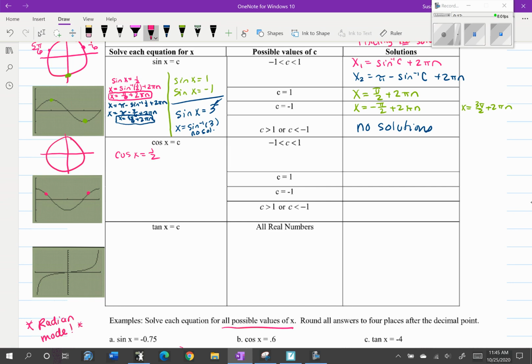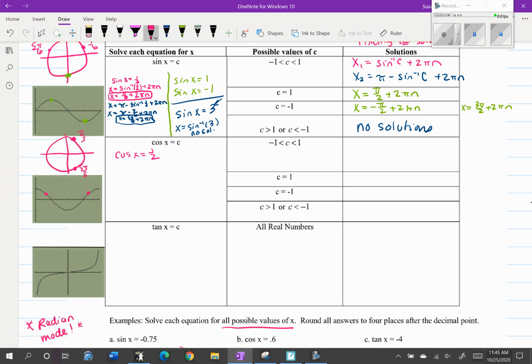So on our unit circle, where do we get 1/2? We get 1/2 here and here, at pi over 3 and also at 5 pi over 3. Because this is on our unit circle, we can easily use it.